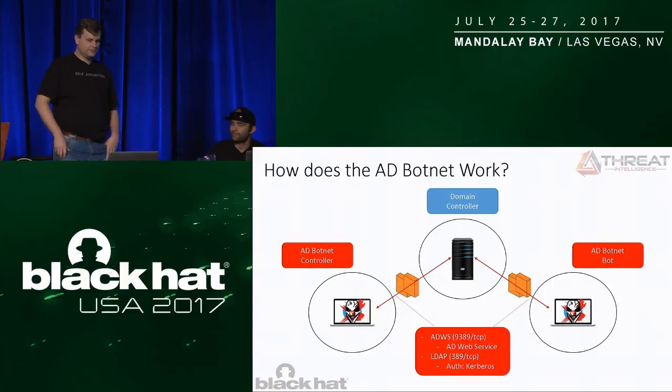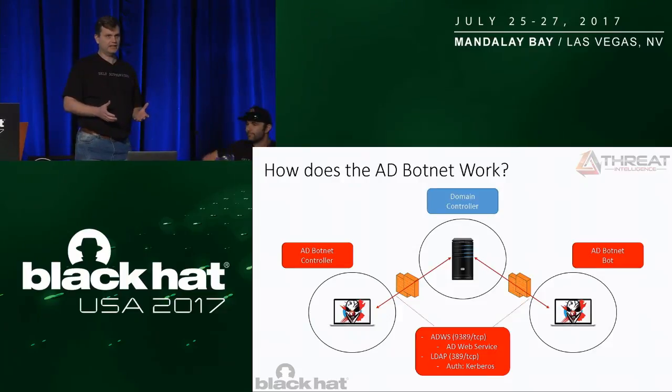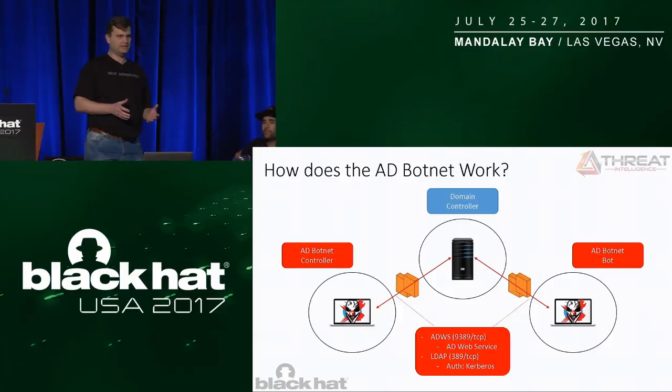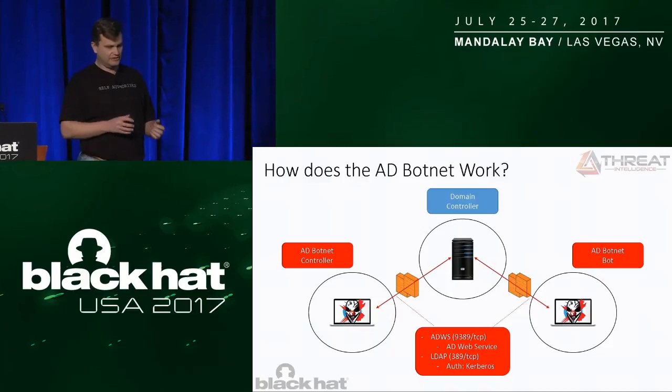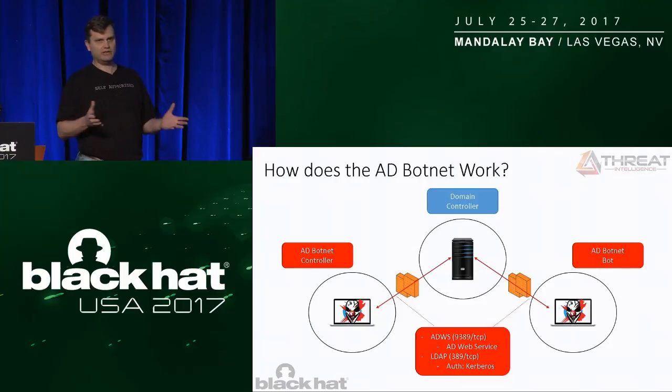All right, so as Ty's been saying, one of the interesting things about using Active Directory for the command and control is that it basically turns whatever network you've got, no matter what segmentation or what network controls you've got in place, from a segmented network into more like a star-based network where, at the center of the star, you've got the domain controller.